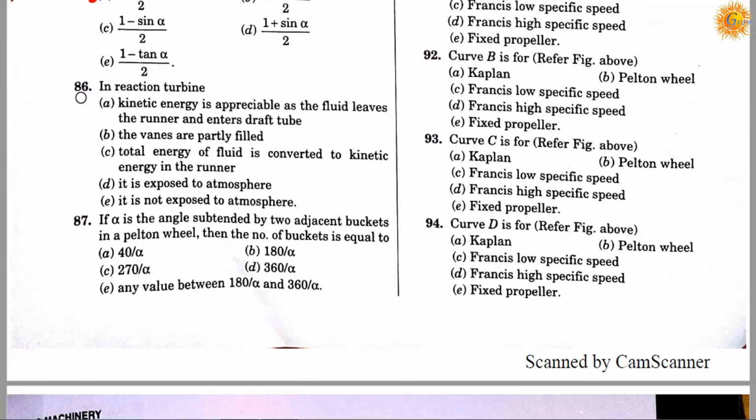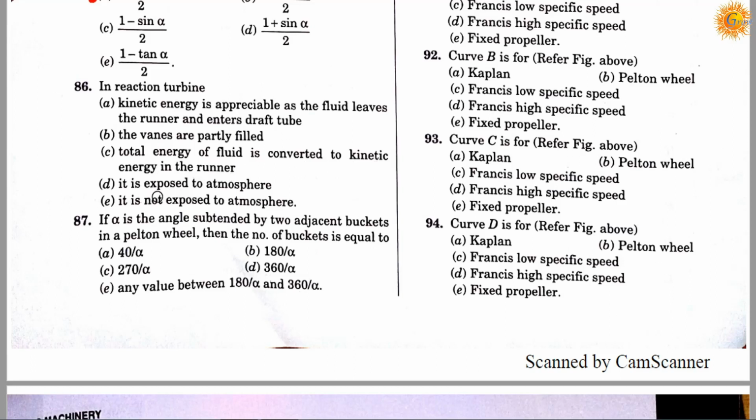Question number 86. In reaction turbine, option A, kinetic energy is appreciable as the fluid leaves the runner and enters a draft tube. Option B, the vanes are partially filled. Option C, total energy of the fluid is converted to kinetic energy in the runner.